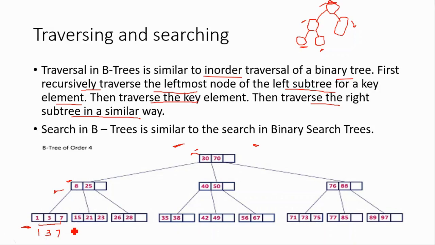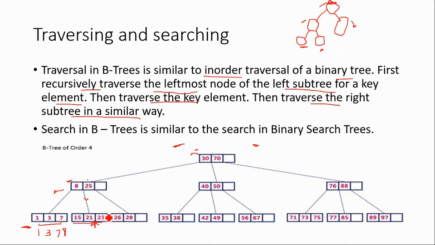But can we traverse 25 at this moment? No, because in between them there is a link to another subtree, and this contains these 3 nodes 15, 21 and 23. This is required to be traversed, and we traverse it. After traversing these 3, we traverse this 25 node.